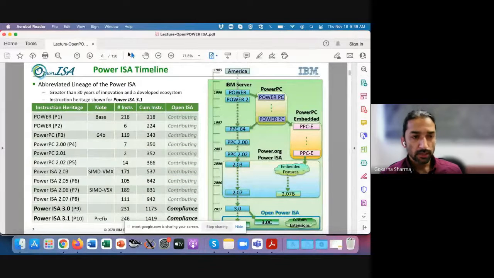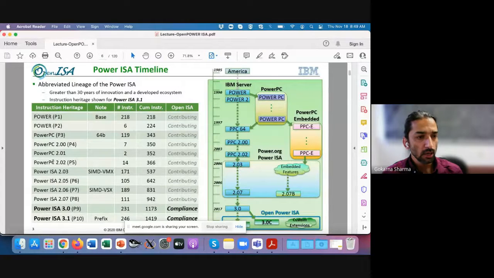So this is the Power ISA timeline. The current architecture is Power10. Power ISA 3.1 is implemented in Power10 processors. Since we are talking about Power10, there are previous versions: Power Processor 1, 2, 3, 4, 5, 6, 7, 8, 9, and the most recent is 10.